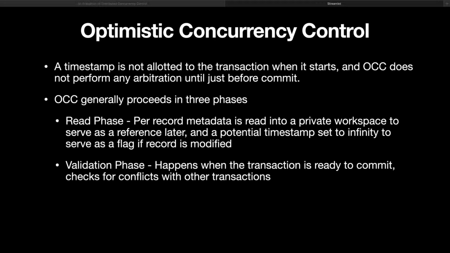Then in the validation phase, we can look at all the transactions, the read and write operations that they did, and resolve conflicts at that point. This is fairly protocol specific, but the whole idea is that in the validation phase you resolve these conflicts and try to establish some order between the transactions.